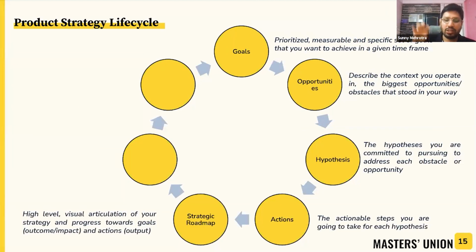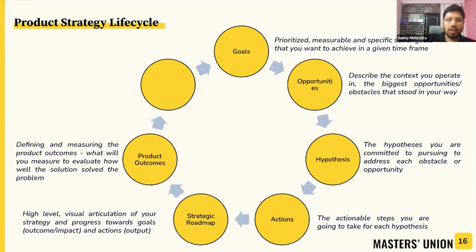Again, a very thin line between strategy and roadmap, as we discussed previously. But this is actually the roadmap, a very high-level visual articulation of your strategy and progress towards the goals. And then come your product outcomes, where you define your outcome. What exactly do you want to solve for? What is the customer user journey that you are building towards? And here you define and measure.